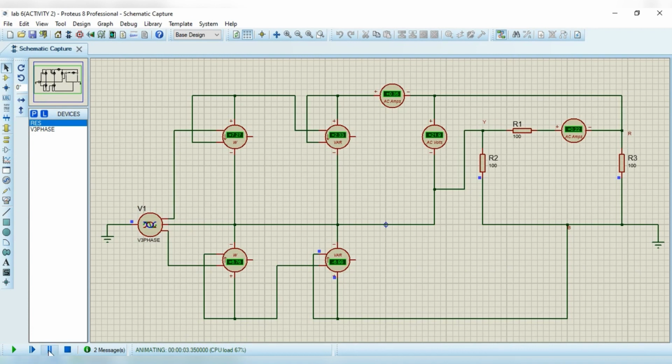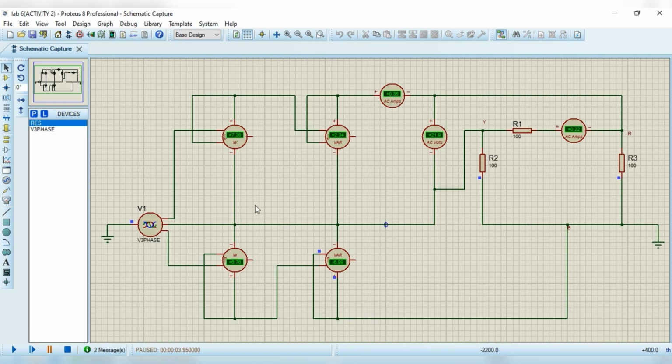And then we get 21.9 volt, and the current to Y and R is 0.22, and for the current here is 0.35.